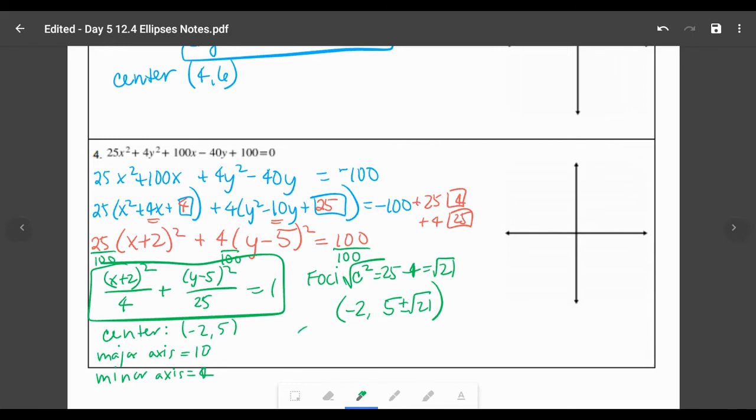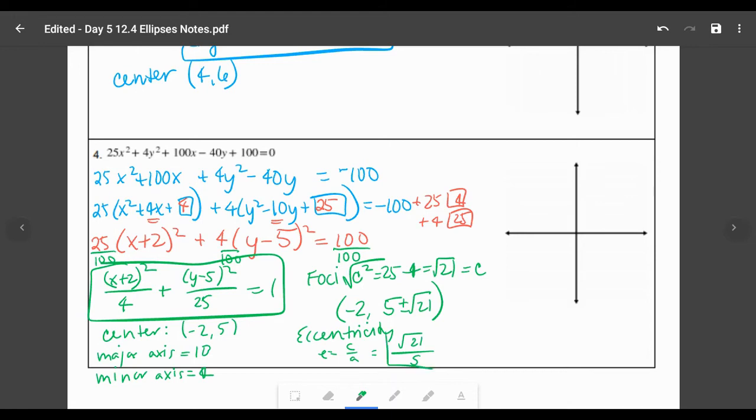All right, and then the last basic question is, what about the eccentricity? So that is e equals c over a. And c is equal to root 21, because the foci distance is just c. Over a, which is the square root of the larger denominator, that's 5. All right, so that is my eccentricity.